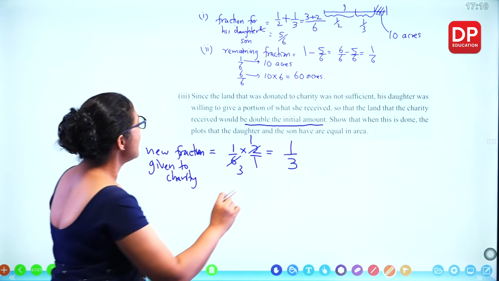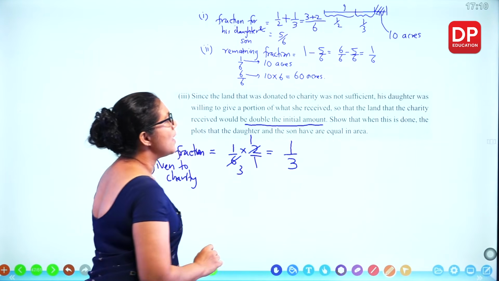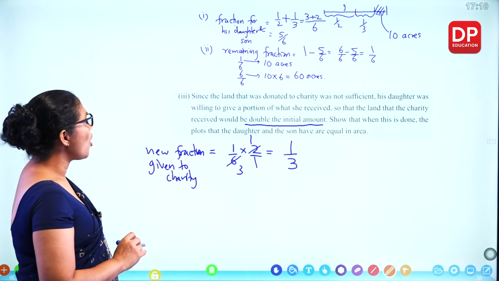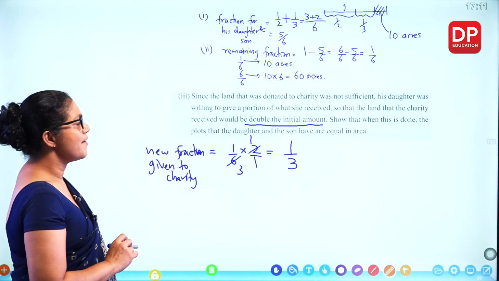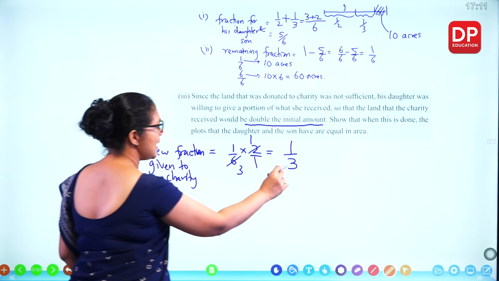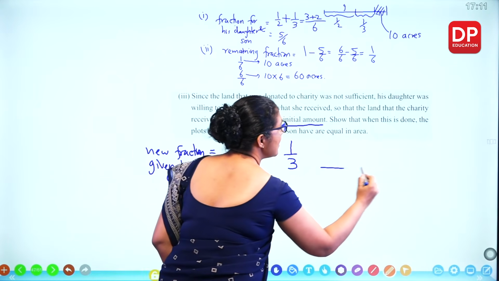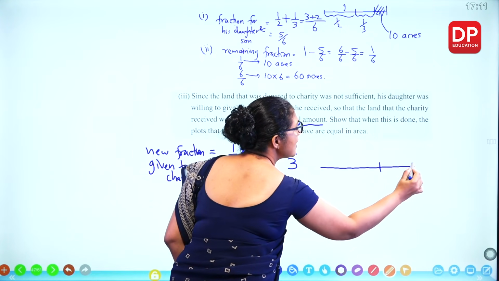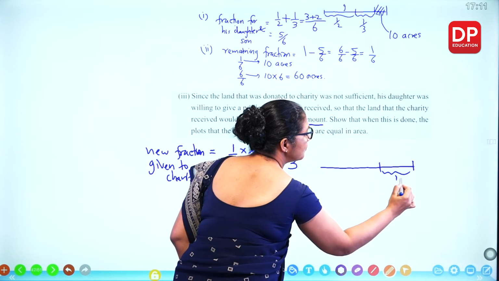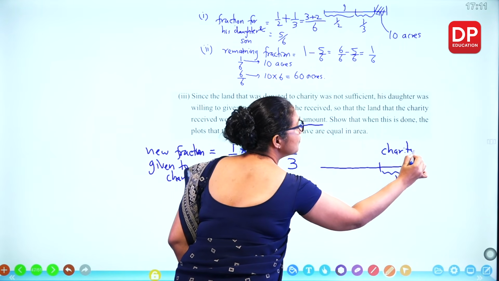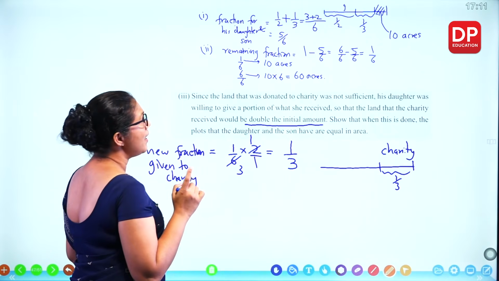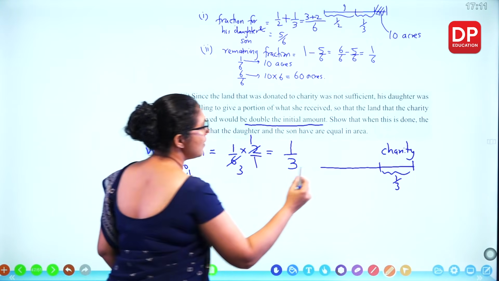So it says, show that when this is done, the plots that the daughter and the son have are equal in area. Now we can see when you take the land, 1/3 given for charity, and 1/3 for the son.